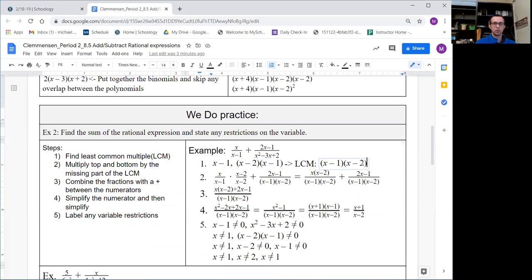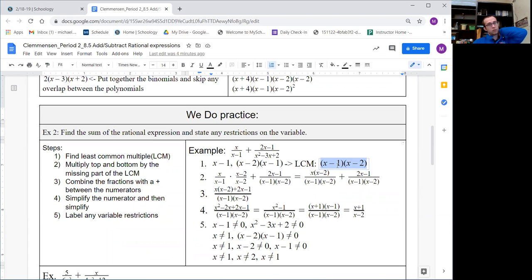And so this will be my least common multiple right here. So again, I choose the denominators to find the least common multiple because I want to have a common denominator. This is my process, the first step, being able to get my fractions to have common denominators, right? So that I can then add them together.